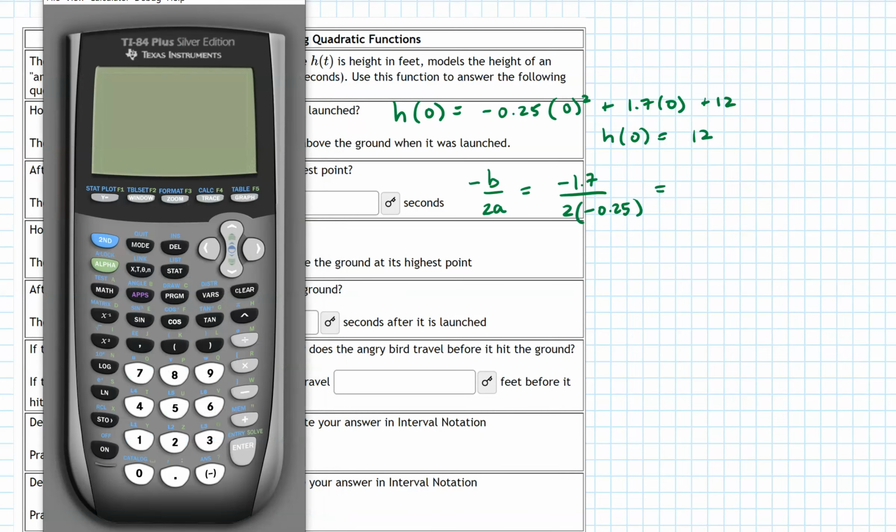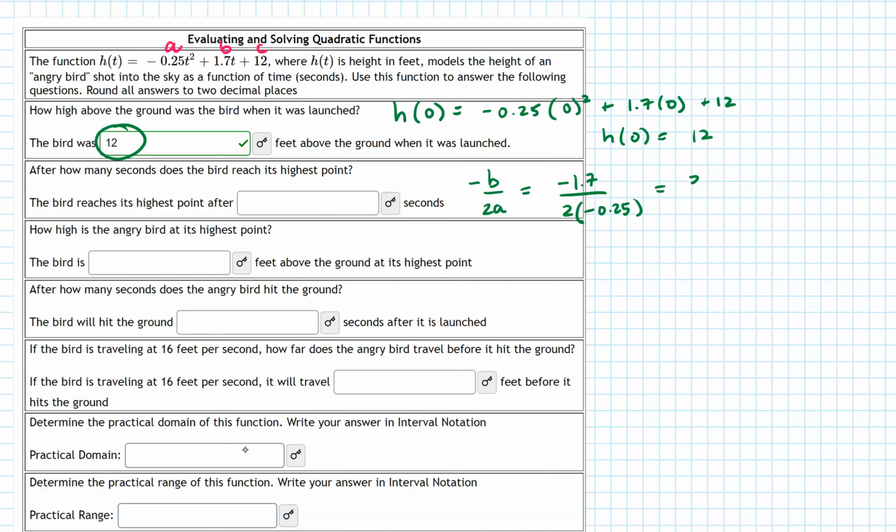And I'm going to pull out my handy dandy calculator. So that's going to be 3.4. So again, this represents the t-coordinate of our vertex.